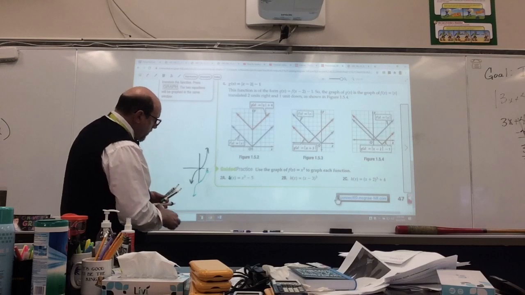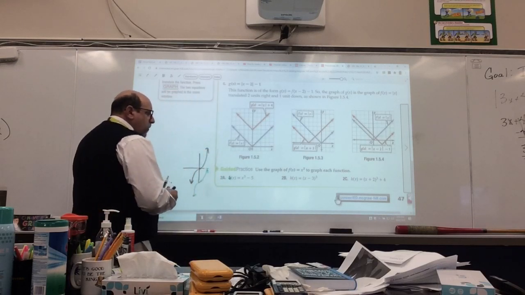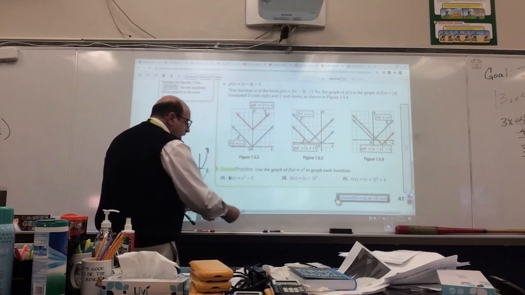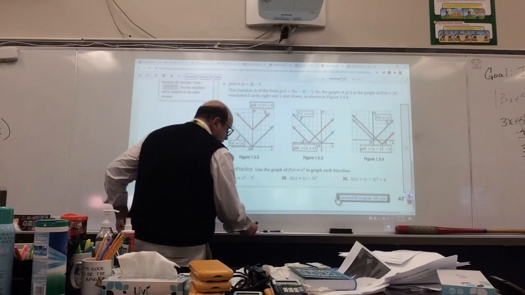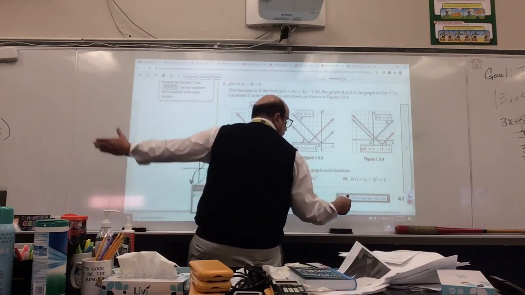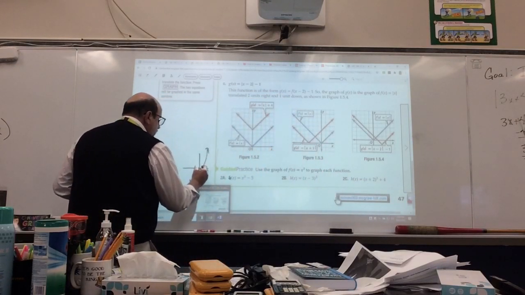I'm going to move on to a different color and see if my purple will work. But I've just shifted over 3 spaces. The last one has a double shift, and that's the one I'm going to do in purple. It's shifted to the left 2 spaces and up 4 spaces. So first thing I'm going to do is move over 2 spaces.